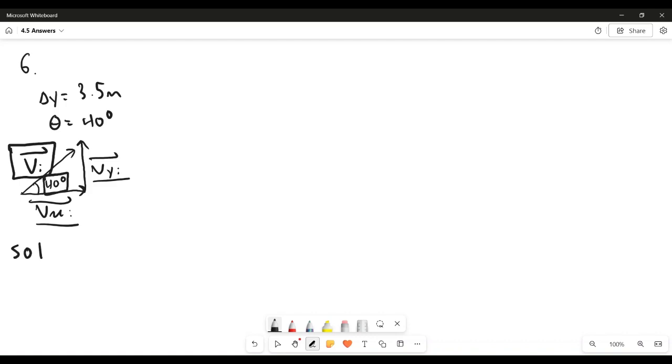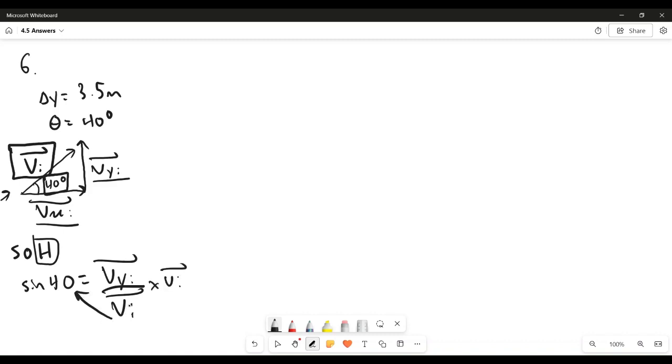Well, just simply use sine. So we have sine 40. The opposite is the initial vertical velocity, divided by the hypotenuse, which is the resultant. And we'll multiply by VI on both sides, crossing it out and bringing it to this side.